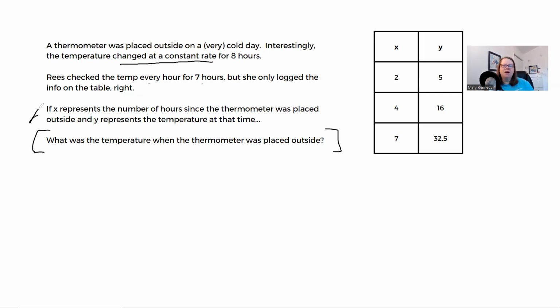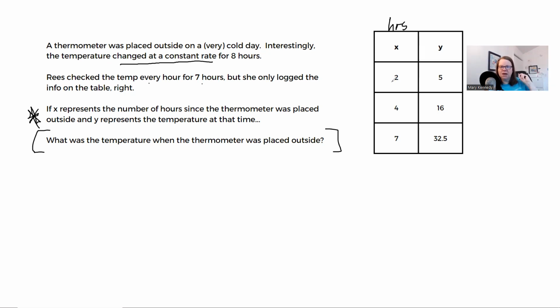So this paragraph is super important. I don't know what that star is supposed to be. It looks like a spider web more than anything. Here it says if x represents the number of hours, x is hours. Since the thermometer was placed outside, the 2 here means 2 hours later.